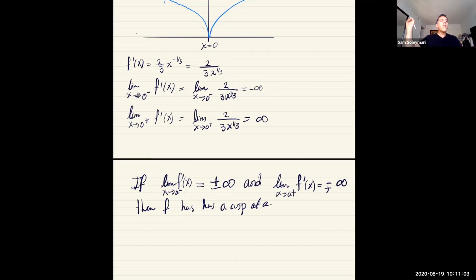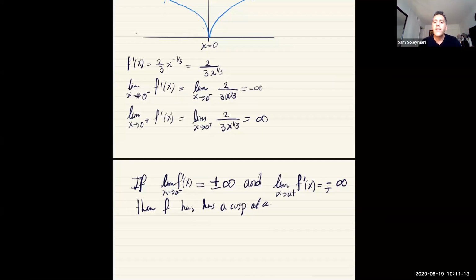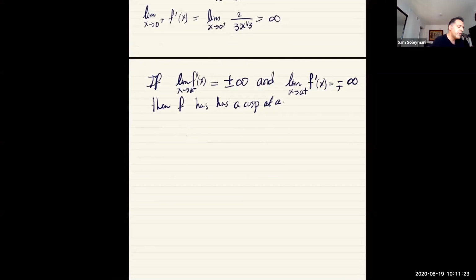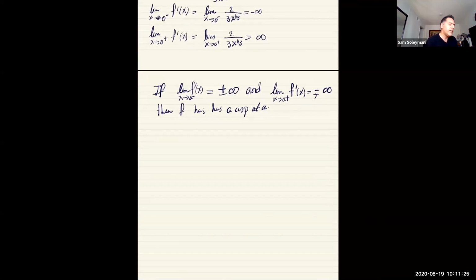Who can tell me what happens if the derivative goes to the same infinity at a? What is going to happen? I'll write it out for you.